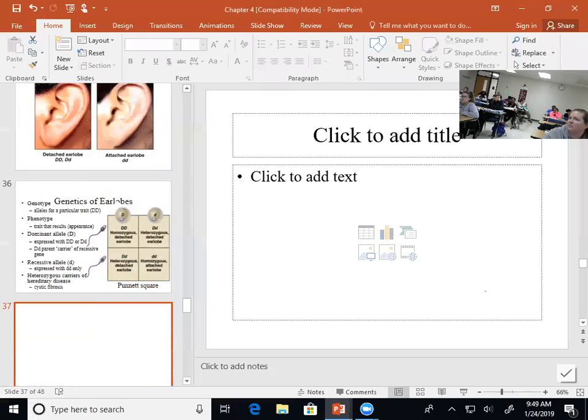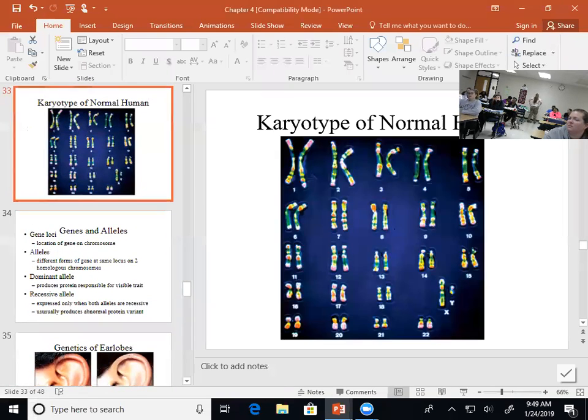When women make an egg, you can only send 1 from your pairs. Do I need to go back to the karyotyping for you to visualize that? I want to, because it's important that you get that independent assortment. Mendel told us that when you're thinking about how traits are inherited, it's not like the mom's going to send the first pair to one egg, and then the second pair to the next egg.